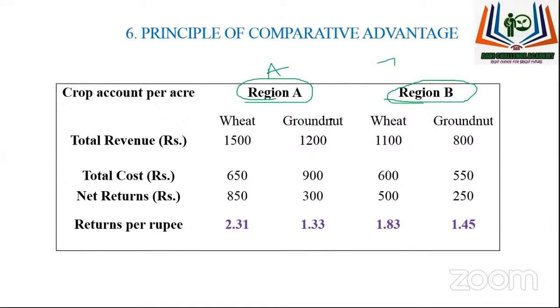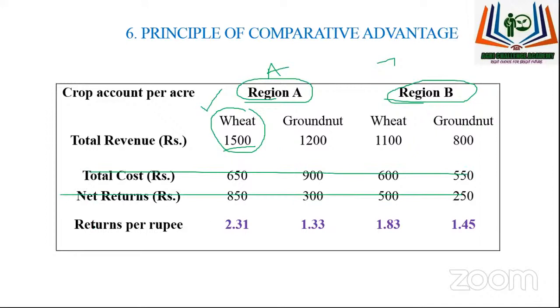Total returns from wheat is 1500 here, just 1100 there. So region A is good at wheat production because 1500 returns come, considering only the returns, no matter about the cost. Forget all these other things, just remember this.